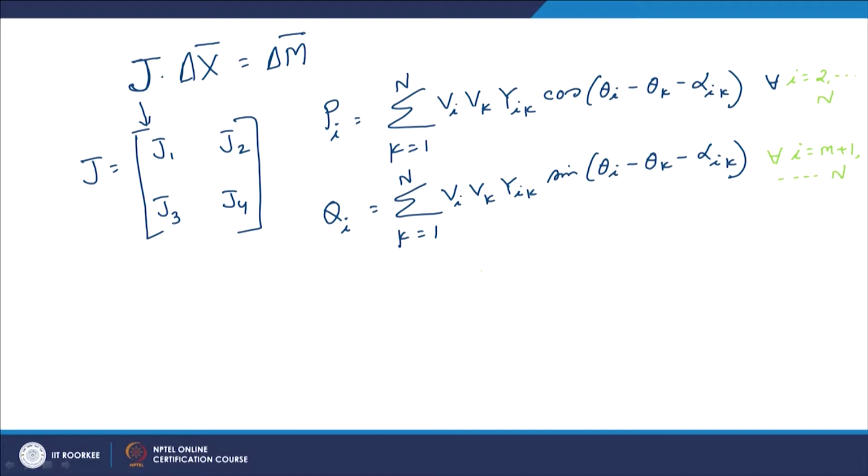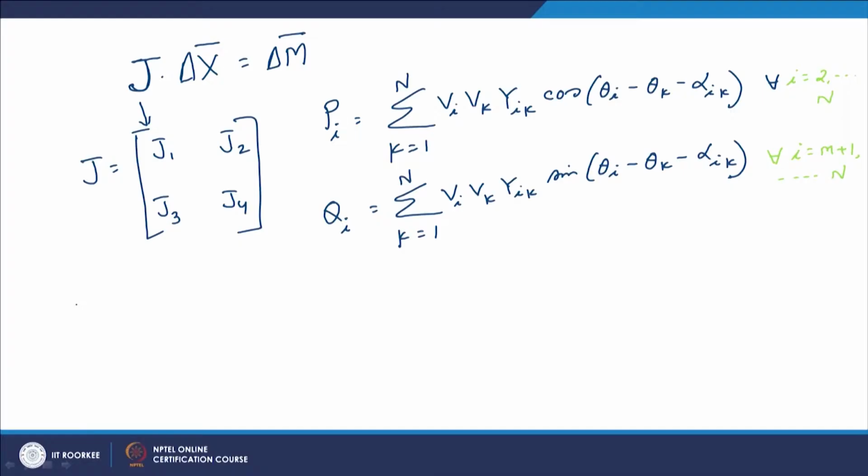N is the number of buses, M is the number of generators, and our convention is that bus 1 is the slack bus, buses 2 to M are the generator buses, and buses m plus 1, m plus 2 up to N are the PQ buses.